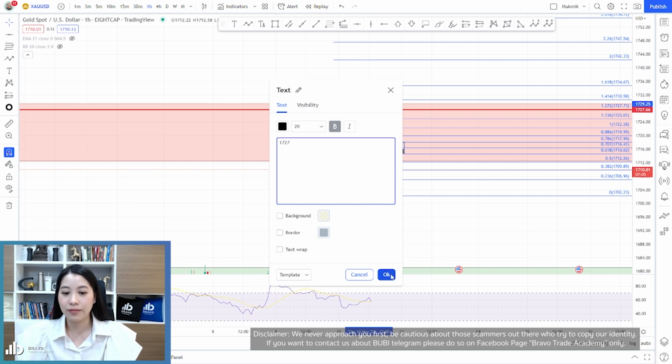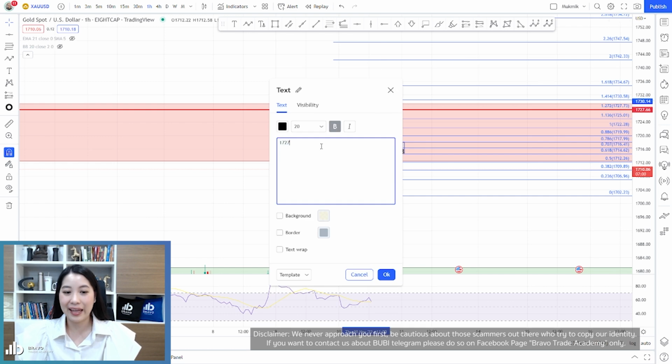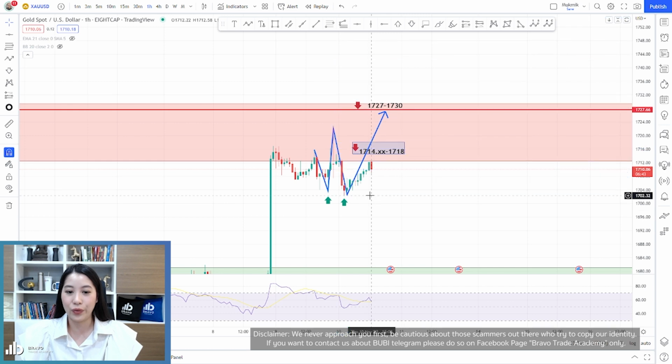If you want a rough price range, I would say 1727 to 1730. That's the two plans that we've got for today.